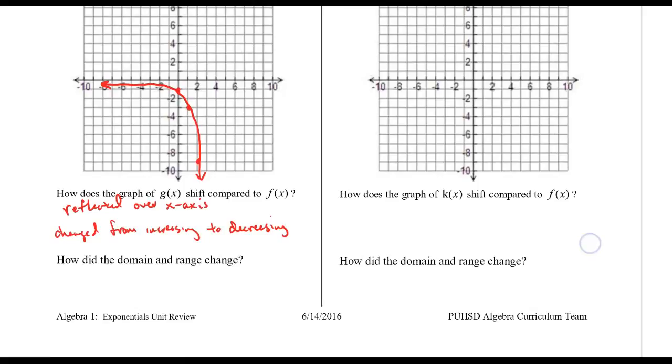How did the domain and range change? Well, the domain, I still have the little arrows on both ends, so my domain is still negative infinity to infinity. And my range is, now instead of it being 0 to positive infinity, it's negative infinity until 0, because I can go as low as I want to on this graph, but I stop when I get to that x-axis again.